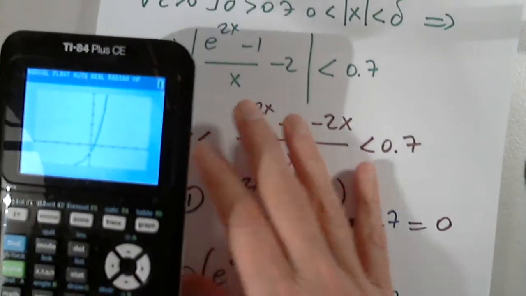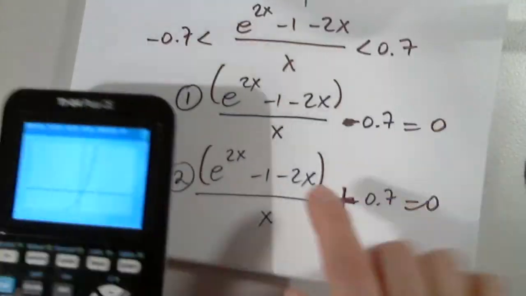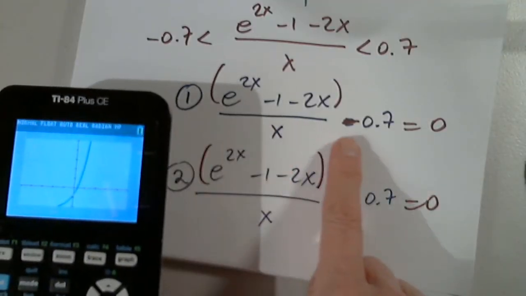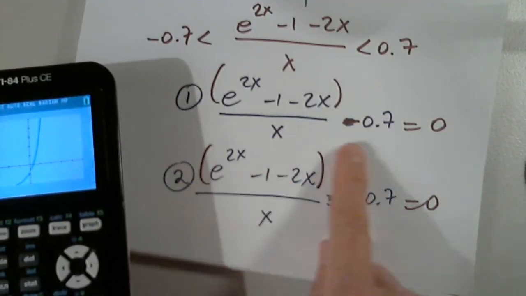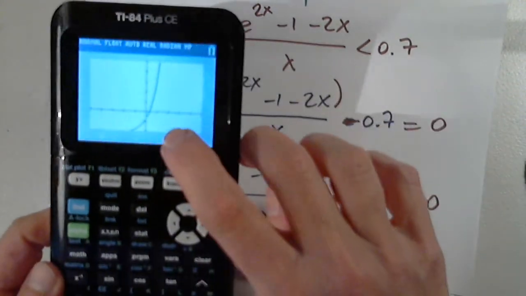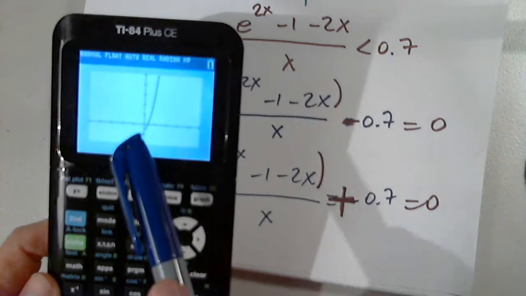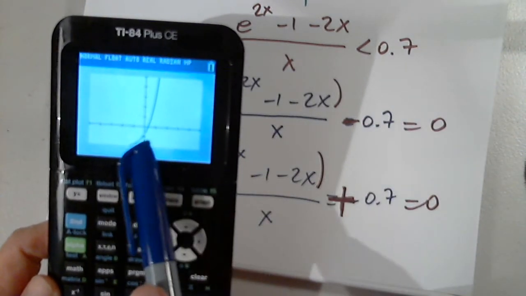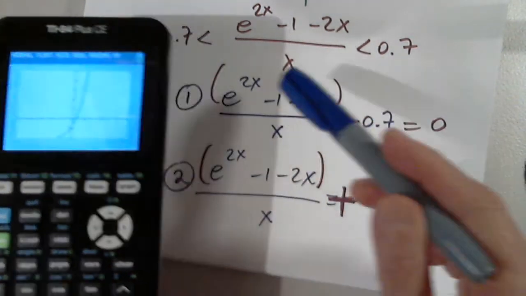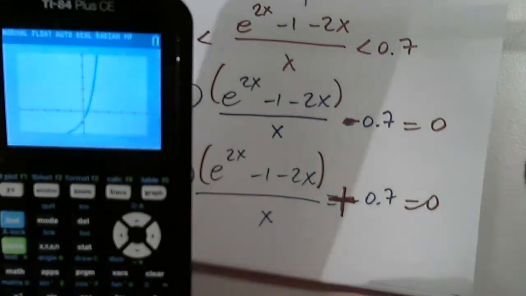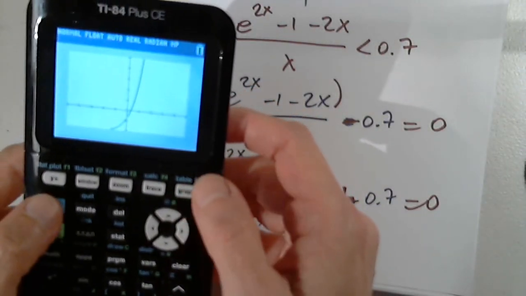I'm looking for the x-intercept of this, when all this is 0, which means this point right here. I see it's between 0 and 1, so I'm going to try to find the solution, which is the x that makes this 0. I have several options.